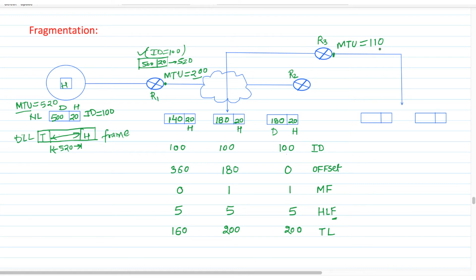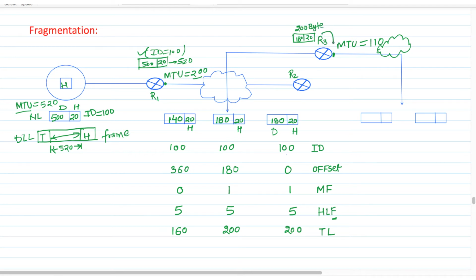Suppose there is a network in between and the MTU is 110 bytes only. So for this fragment, 20 and 180, the total size is 200 bytes.